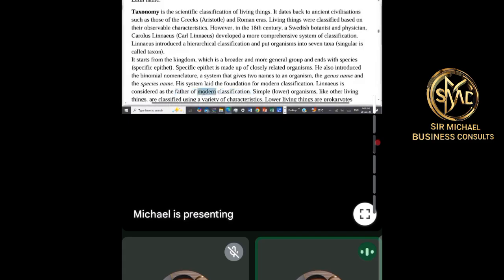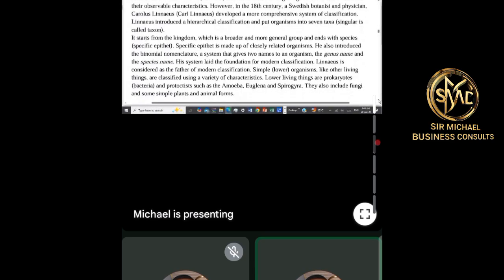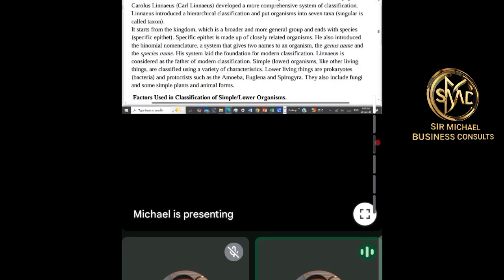The father of modern classification, what we are using right now, was instituted by the Swedish botanist and physician Carolus Linnaeus. Sometimes we call him Carl, so either Carolus Linnaeus or Carl Linnaeus, but I prefer Carolus. That is what we normally refer to him as. So Linnaeus is considered the father of modern classification.